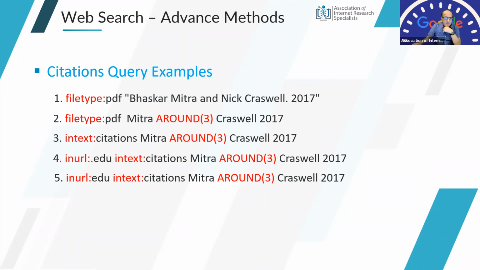So having said that, let's just look at the fourth one: in URL edu. In URL edu without a dot. If you see that there is a small dot over here, this dot is not as relevant, so you should not have to use it. But another example of what I just told you about using around, that it will execute with the dot, but it is not advised to use a dot after the colon sign.